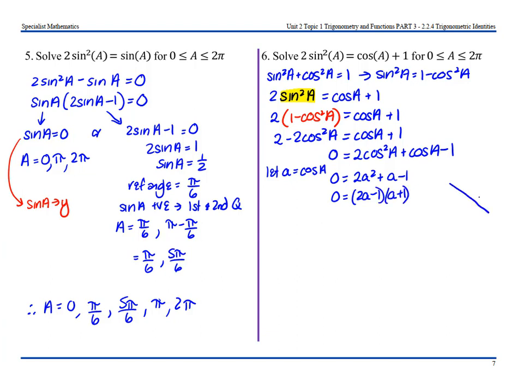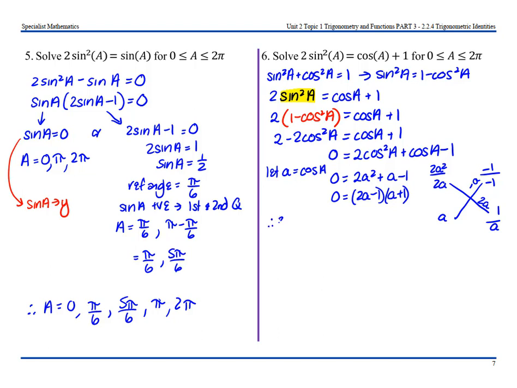And that's just from using a factorization method. I've used the cross method, so 2A squared, negative 1, and A. You have 2A and A on this side. Factors of negative 1 are 1 and 1. And because we have negative 1, one has to be negative. So that would be negative A plus 2A, which gives us our positive A.